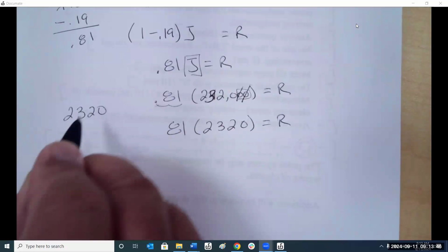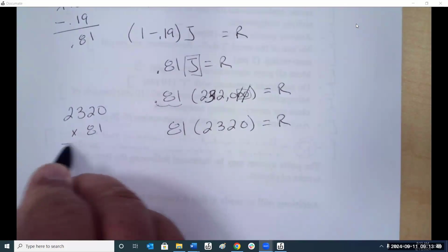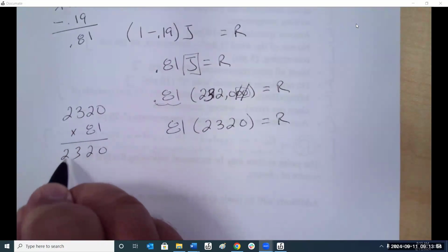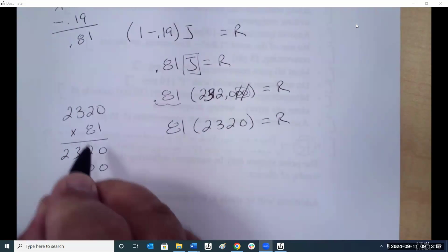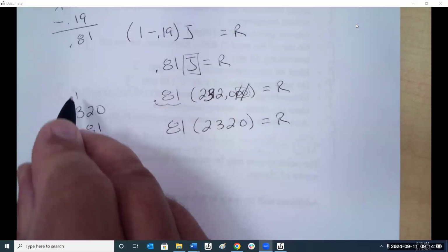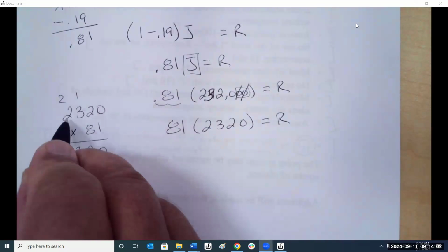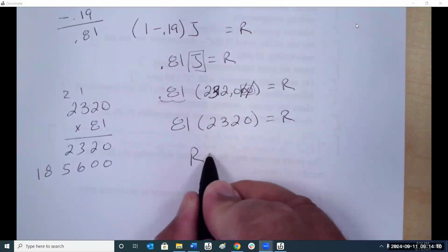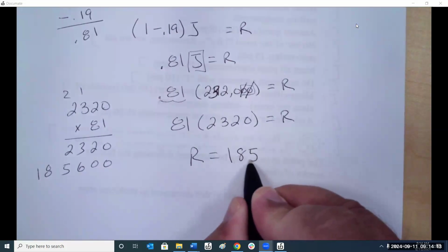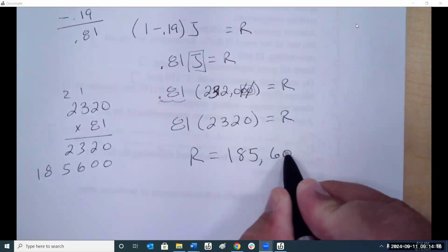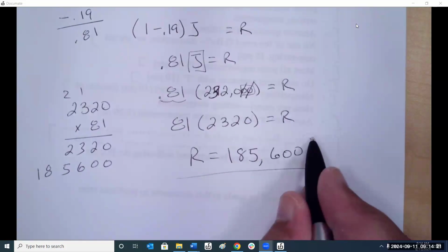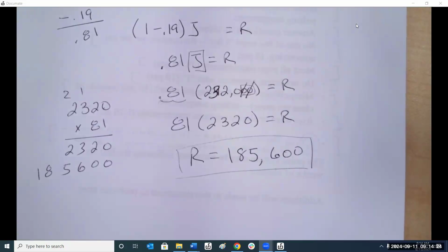So 2320 times 81: 0, 16, 24 plus 1 is 25, 16 plus 2 is 18. So the number of Russian words is 185,600. That's how many words in the Russian language.